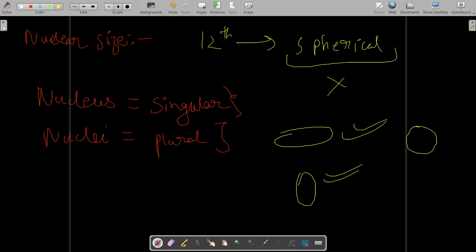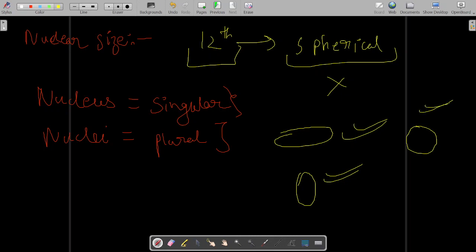So three types of nuclei are there: oblate, prolate and spherical. We will learn more about this in the upcoming classes, but for the time being, just accept that what you learnt up to the 12th standard is a wrong concept. Nuclei may be oblate, prolate or spherical.